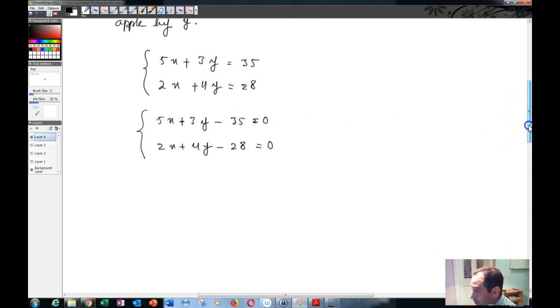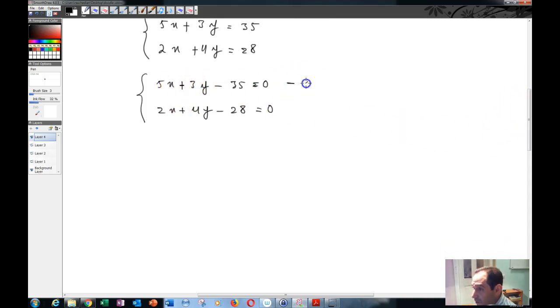If you call this equation number 1 and this equation number 2, you would, for example, multiply equation number 1 by a factor of 4, meaning that I want to get rid of my y's. To get rid of my y's, I multiply equation number 1 by 4 over here, and equation number 2 by 3 over here.